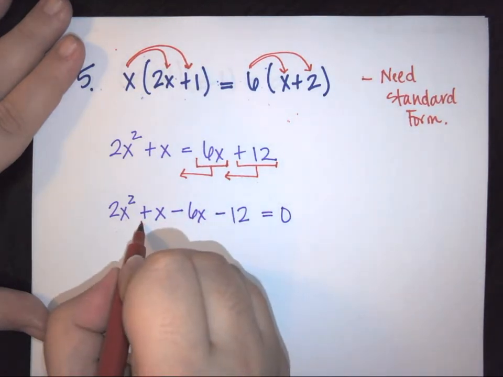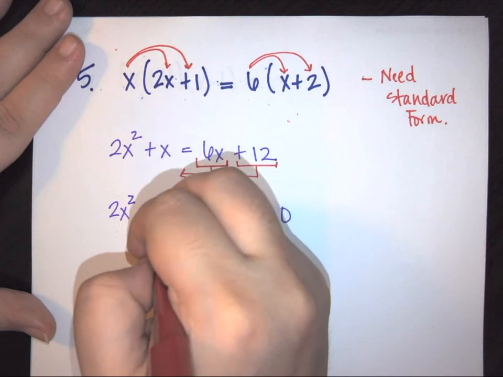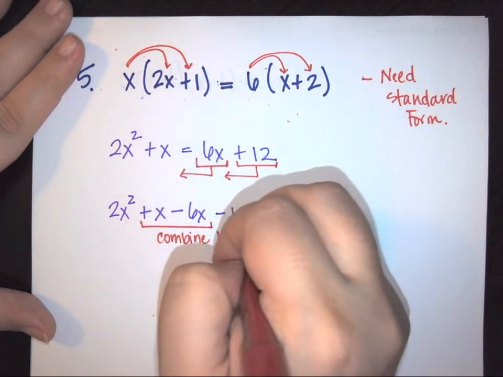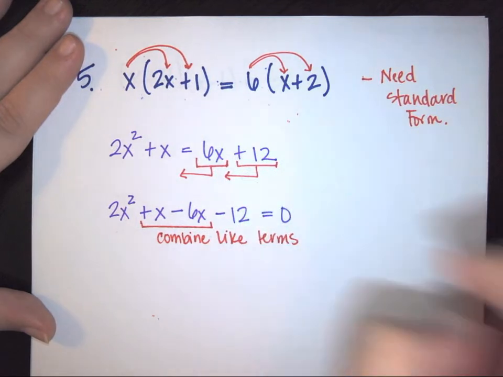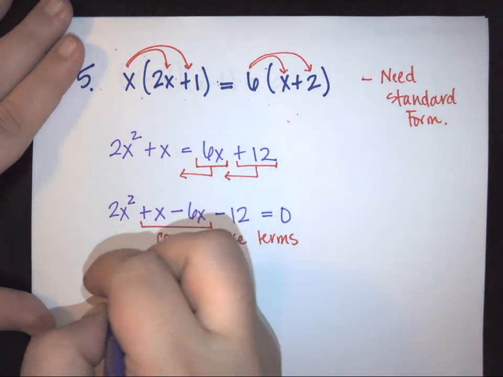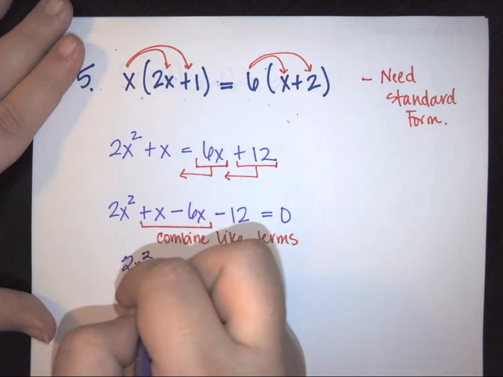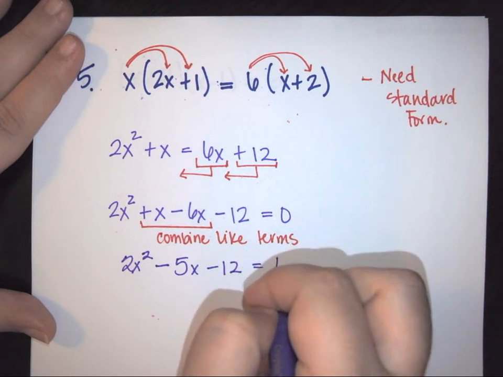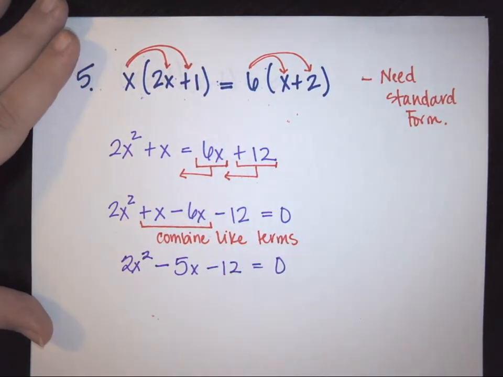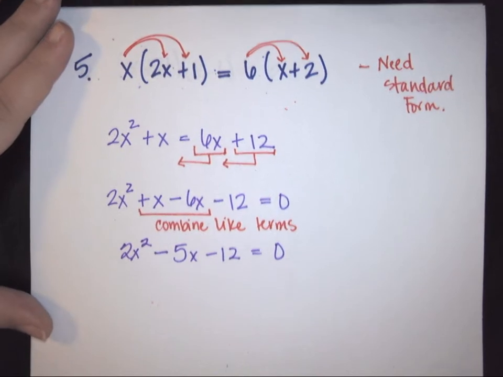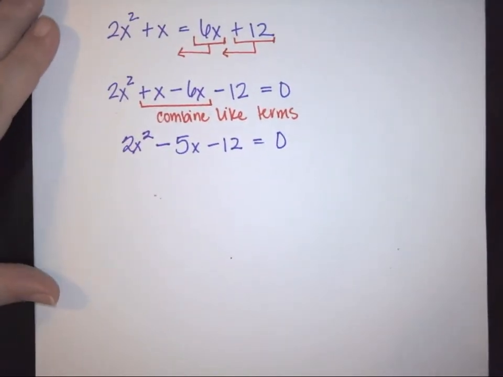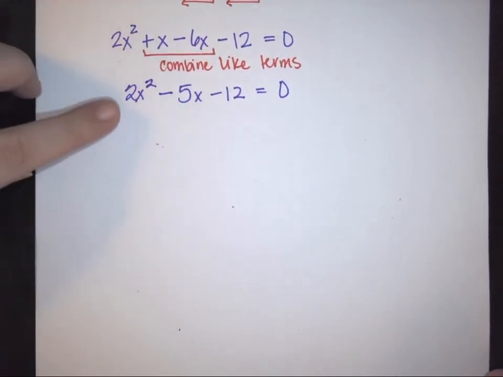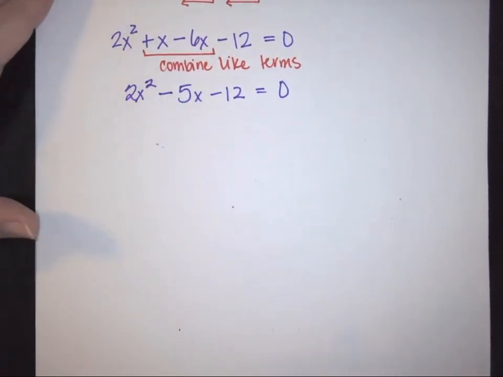Now right here, I need to combine. And it's called combining like terms. And so when I do that, I end up with 2x squared minus a 5x minus 12 equals 0. And so in this case, again, now we have to factor. So again, my a term here is greater than 1.